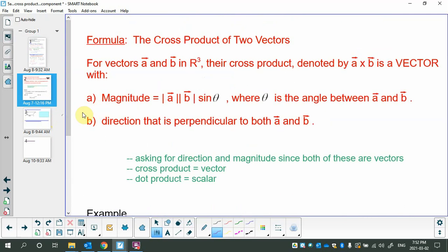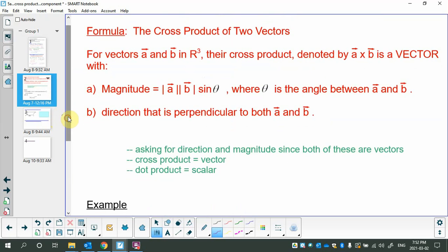We'll get to it in a second. So the formula for the cross product of two vectors, again, only in 3 space, and their cross product is a vector, so I've said all that stuff. And the last thing is this.